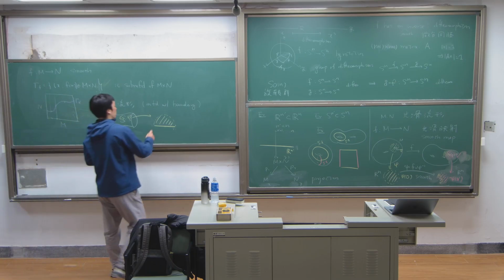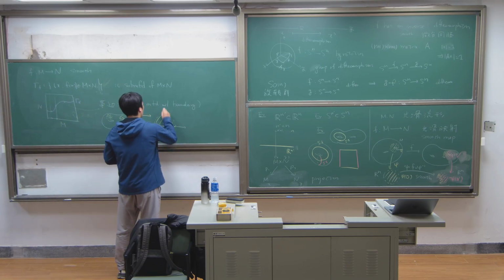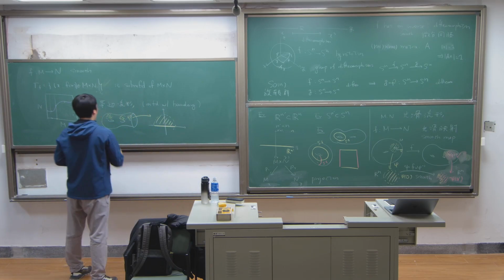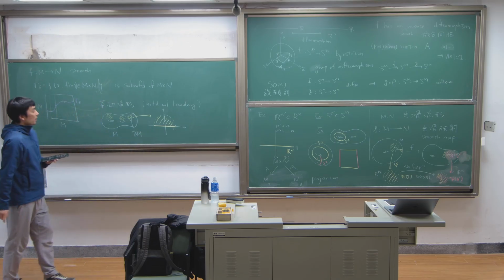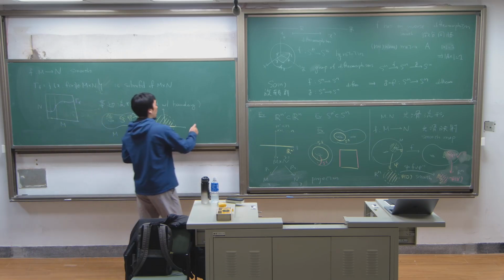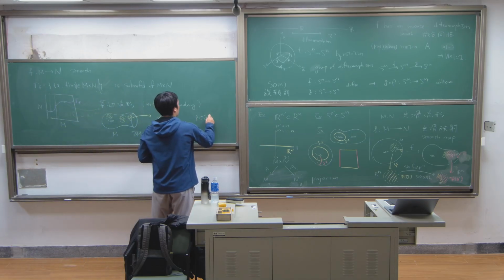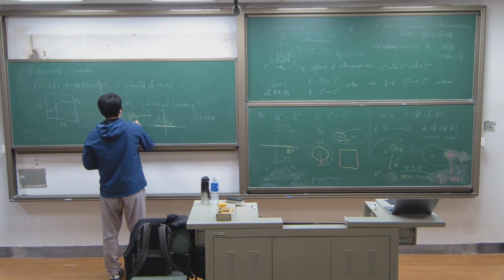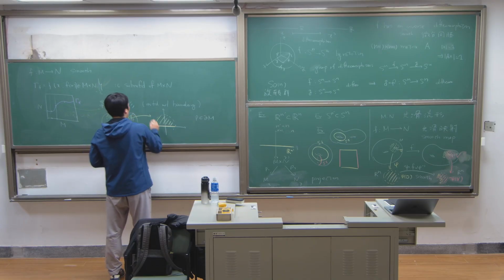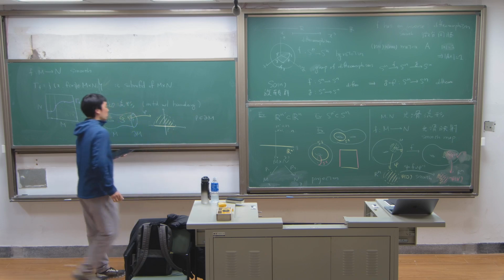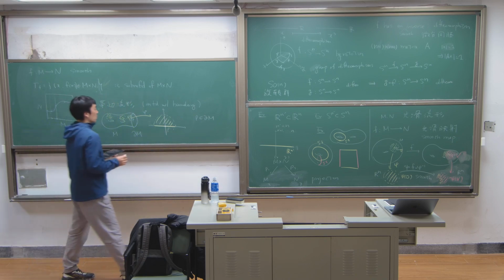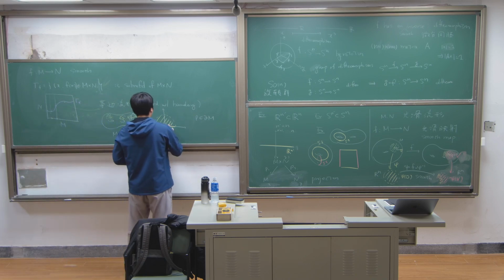So here, this is M, and people open the boundary of M like this way, and then a point in the boundary of M is mapped to this point p, and by phi is mapped to like this.